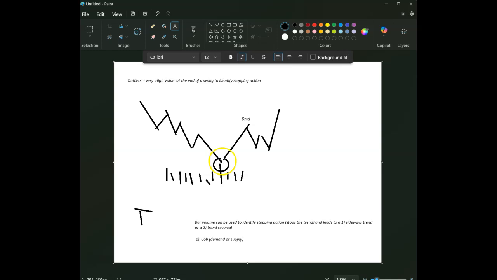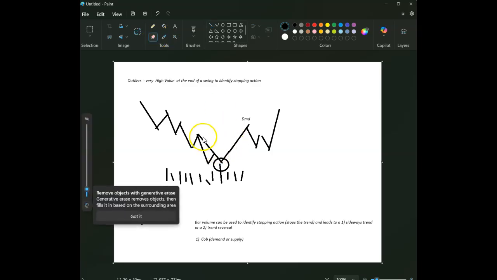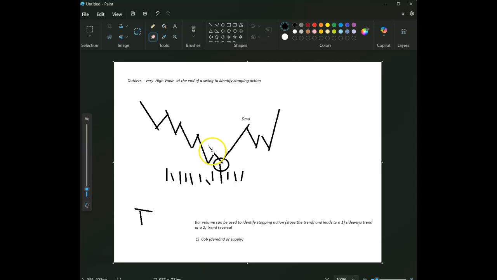Sometimes it happens at the prior wave. So it might be like, sometimes it'll be here. And it'll retest and then happen. All right? But whatever it is, who cares? The point is that what do you look for after that? You look for demand.